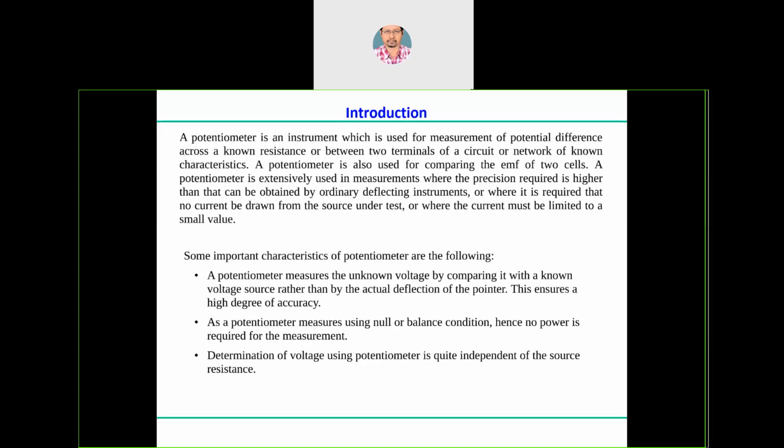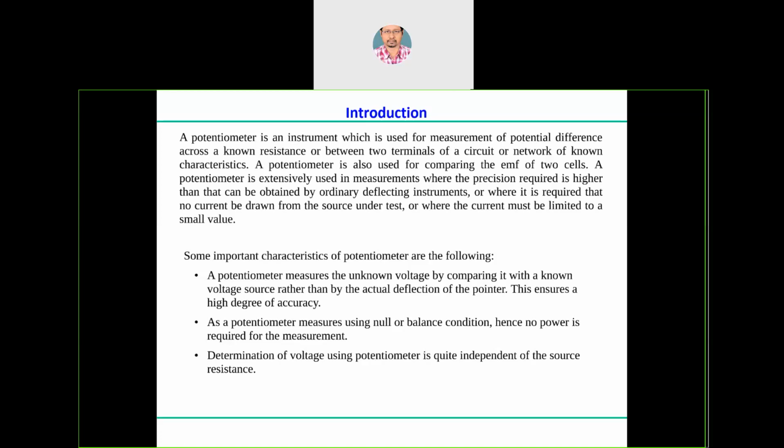It is an instrument which is primarily used for measuring the potential difference. Potential difference across what? Across a known resistance, or between two terminals of a circuit or a network, or for known characteristics. So the characteristic is known to you in advance.